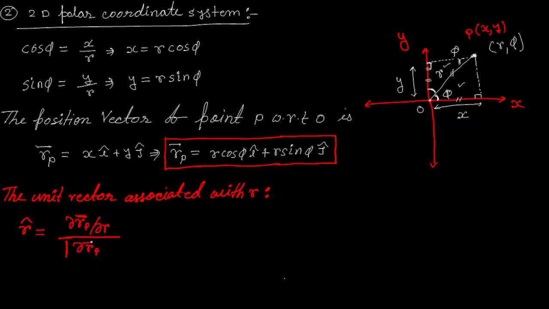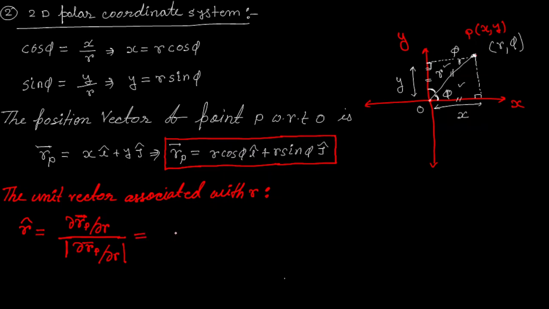So first we take the partial derivative of the position vector with respect to r, and then whatever vector we get, we divide by its magnitude, and that gives us the unit vector associated with the variable r, which we represent as r cap.